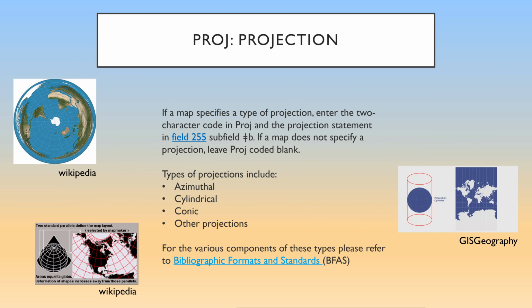So projection is a method or system used to represent the surface of the earth or a celestial sphere on a plane in an expression. There are 4 categories of projection with subcategories to choose from. Azimuthal is an angular measurement in a spherical coordinate system.